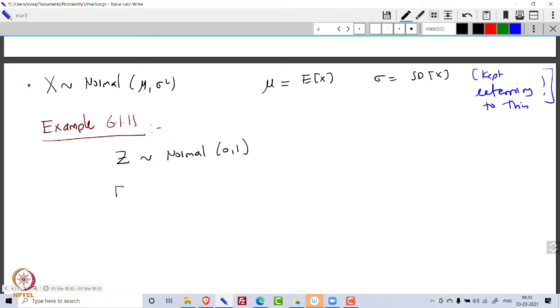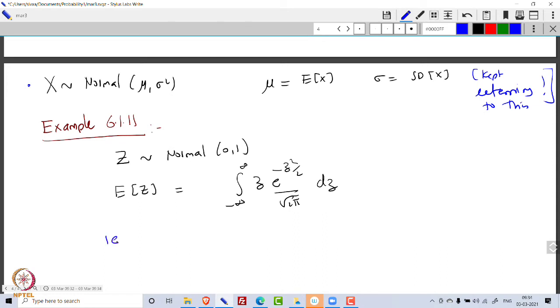So what is E of Z going to be? E of Z is the integral from minus infinity to infinity of Z e to the minus Z squared by 2 over root 2 pi dz. We already understood before that, to say anything about this integral, we first have to understand the absolute convergence of the integral.